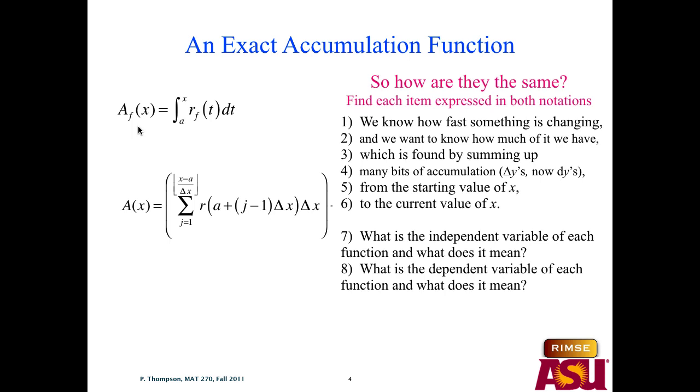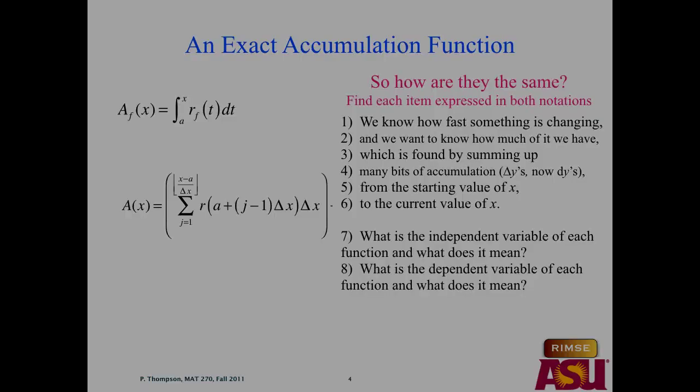And you can even make delta x smaller and smaller, so it gets closer and closer to exact. But this integral sign is actually built in as a function in GC. So you can compare values between exact and approximate accumulations, these net accumulations, using delta x's of various sizes.